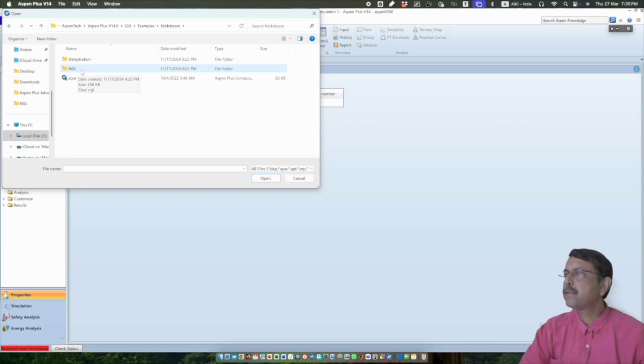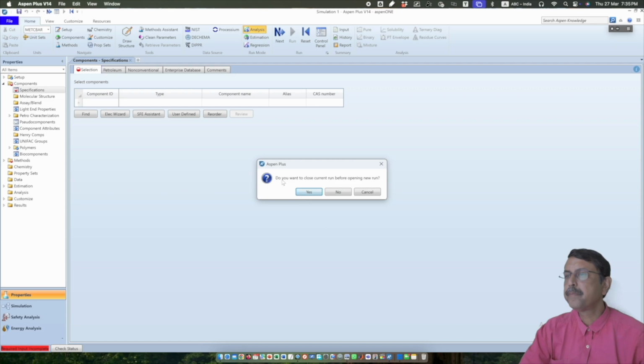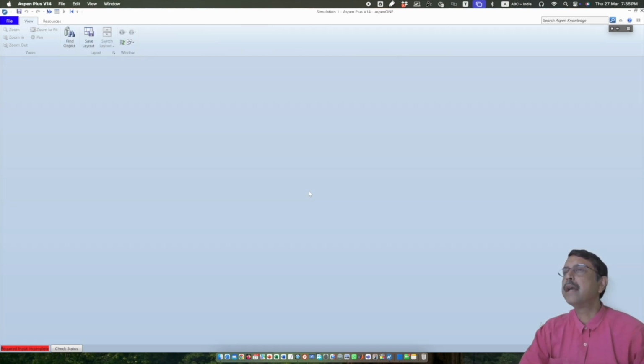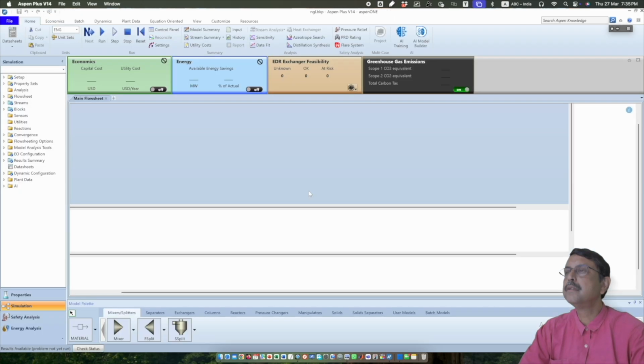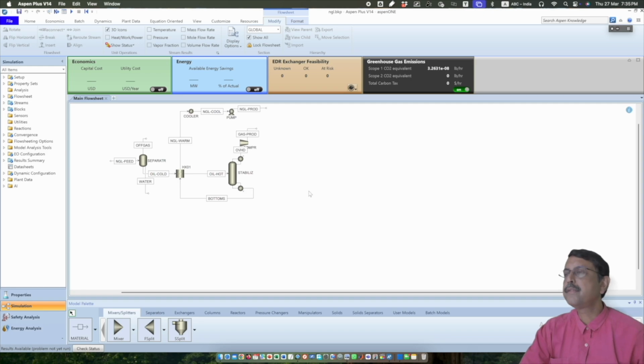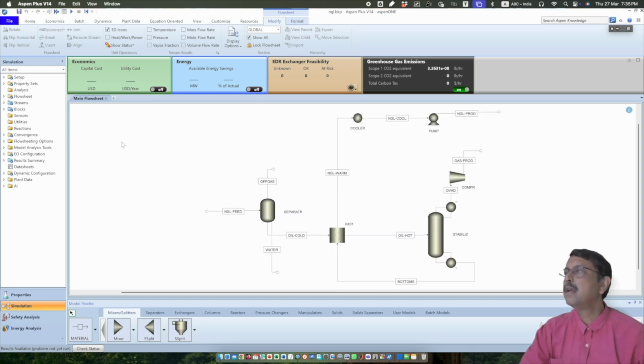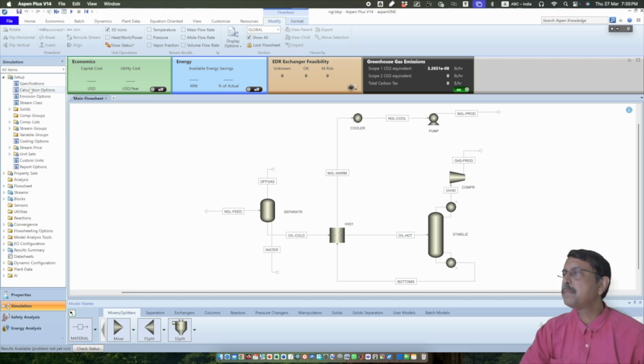Okay, so let us take this NGL and open it. So we close it and open the NGL file. So this is the NGL file. Now go to the setup and specification.